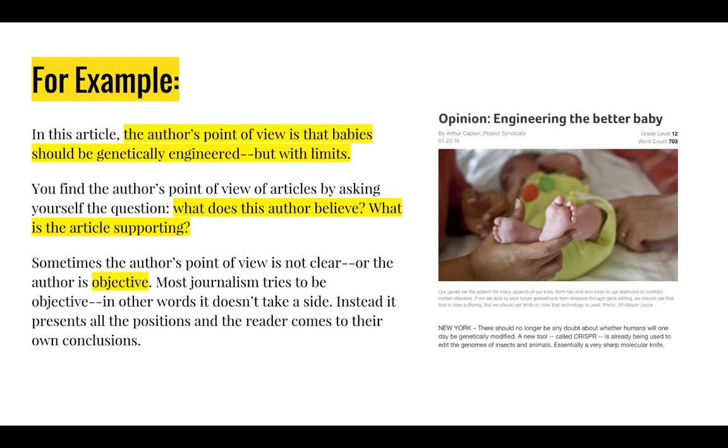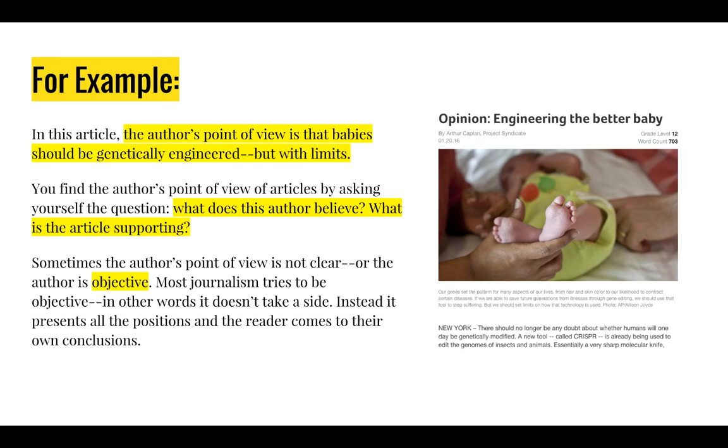All right, so here's an example too. There's a story, and you can see the picture there, it says Engineering the Better Baby, and the whole story is about genetic engineering. The author has a very clear opinion, and he's saying that babies should be genetically engineered. It's okay that they do that, but there needs to be limits to that. So the whole story is talking about that.